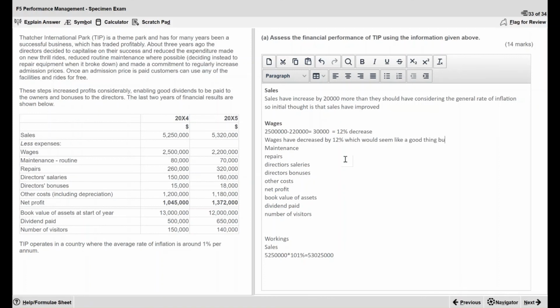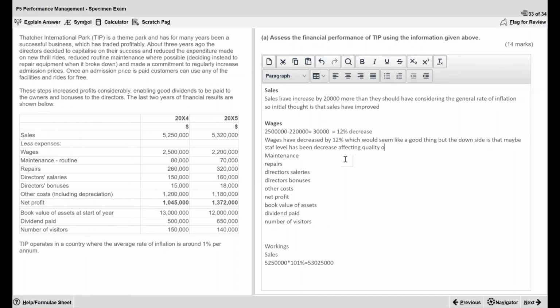But the downside is that maybe staff level has been decreased, affecting quality of the service.